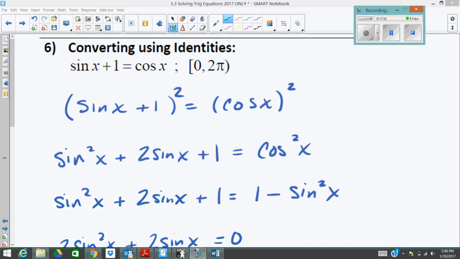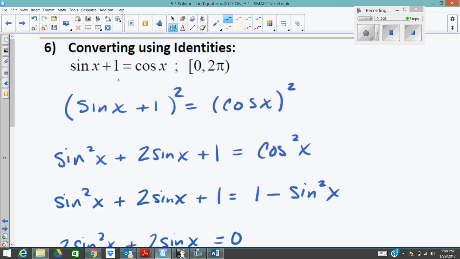Well, sine of 0 is 0, plus 1 is 1. Cosine of 0 is 1, and 1 equals 1, so we're good there. If we check pi, sorry, looking for an eraser, there we go.